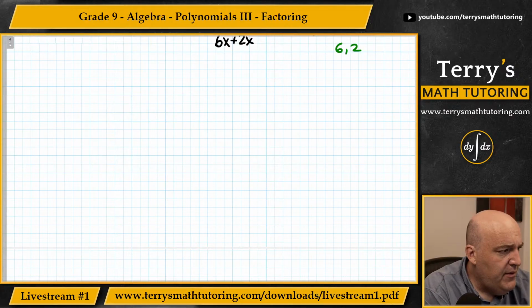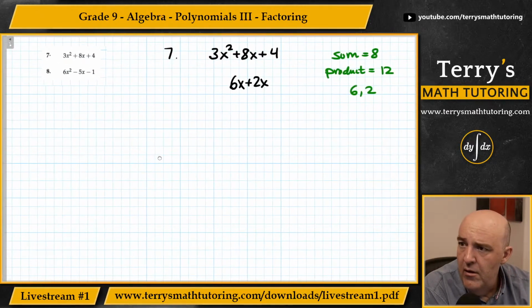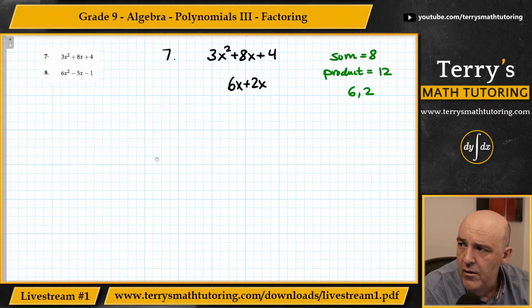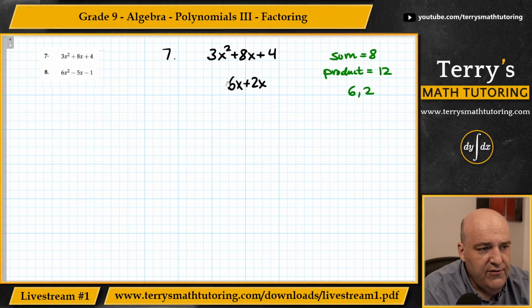And then the other terms are just recopied there. So the 3x squared, this 6x has a plus, right? We can't just write 3x squared in front of that with nothing there. We need to write a plus sign there.